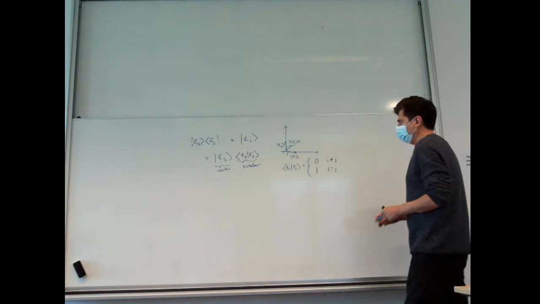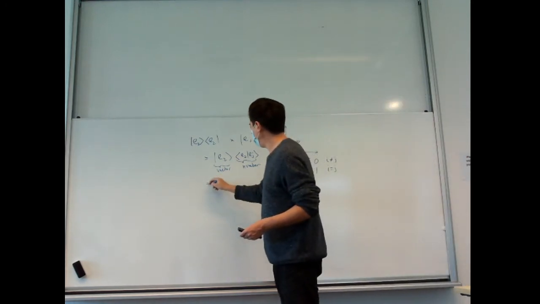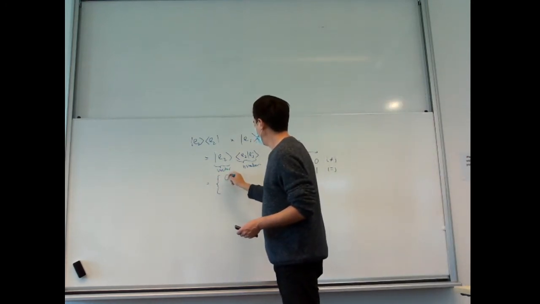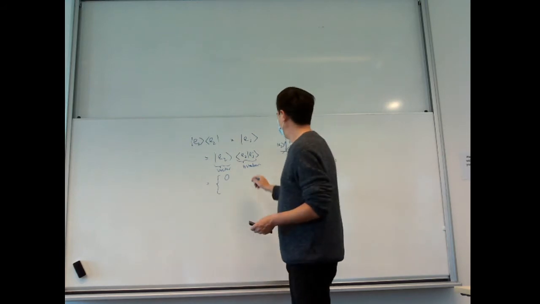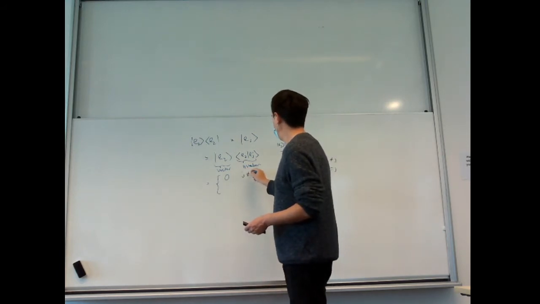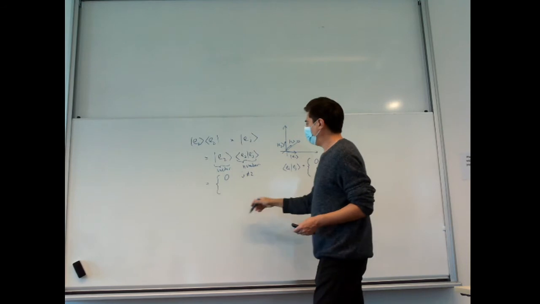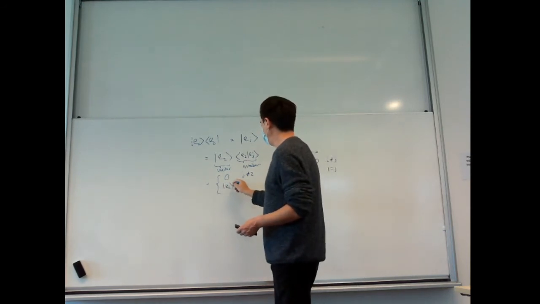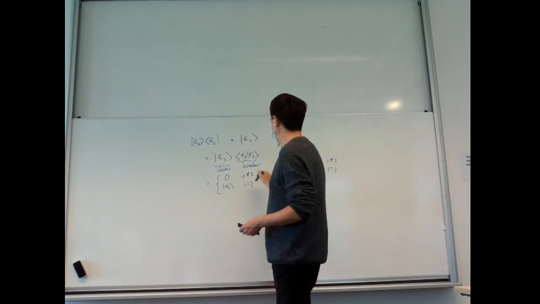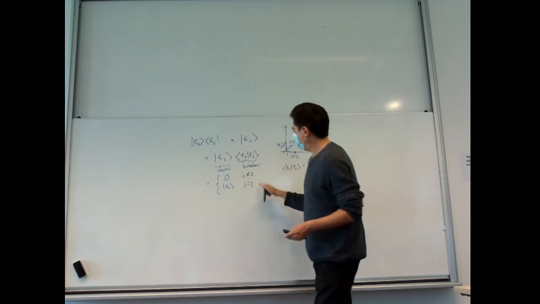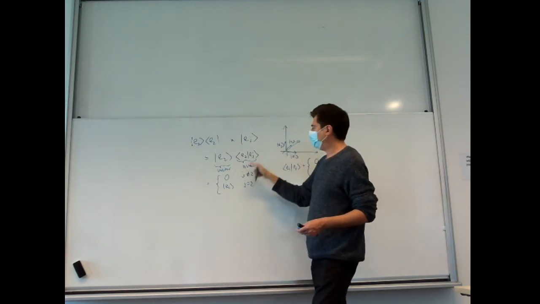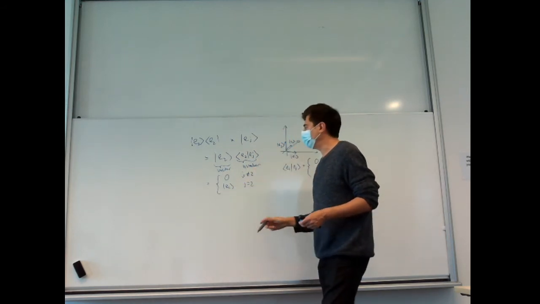So this thing will be 0 if j is not equal to 2, or it will just be equal to E2 if j is equal to 2, because this will give 1, and then this will just give E2.